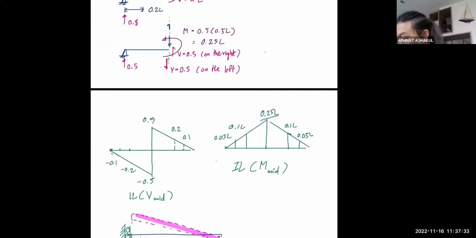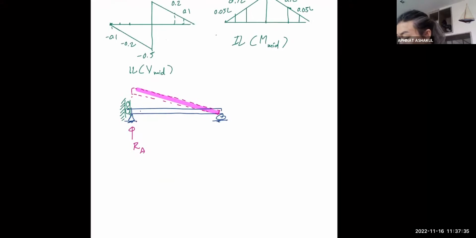Now, likewise, I will let RB move freely. And you can imagine that I will add the roller in the vertical direction like this, okay?